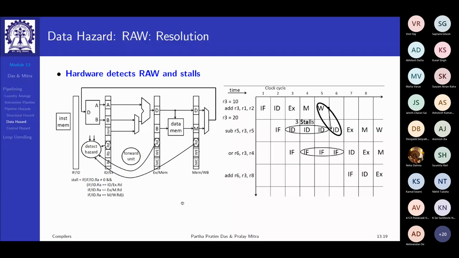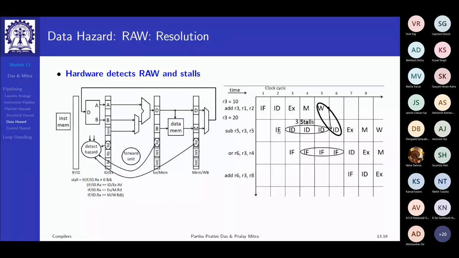So let us look at each one of these cases in some more detail. First is how the hardware can provide a stall. You can see that this is an example of an add where R1 and R2 are added into R3. And then there is a subtract where R5 is subtracted from R3 and written to R5. So these are the stages of add. Add will finally have the value of R3 updated in cycle 5.